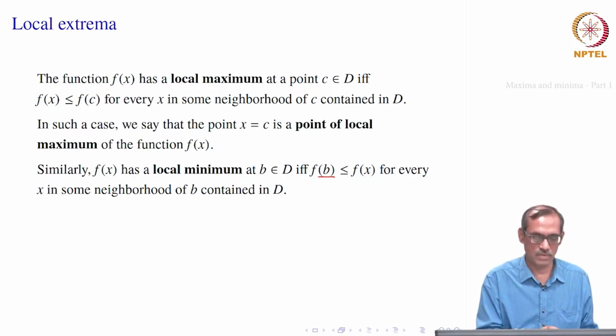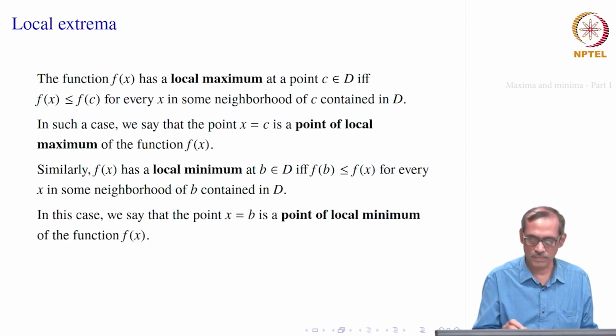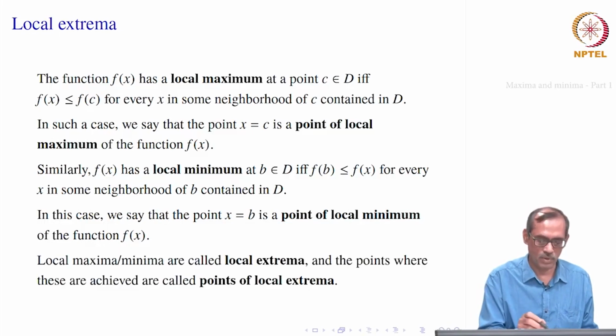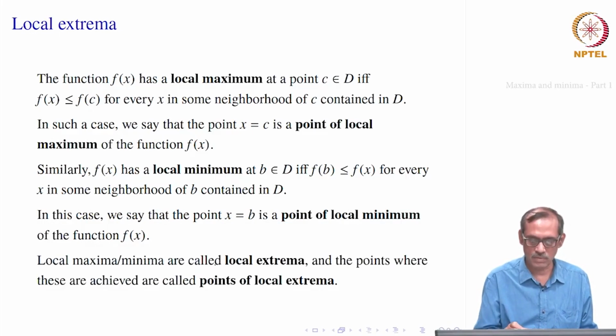So this is the notion of local maximum and local minimum. Again we say that x equal to b is a point of local minimum of the function f of x. Both these, maxima and minima, when we use the word local, are called local extrema.